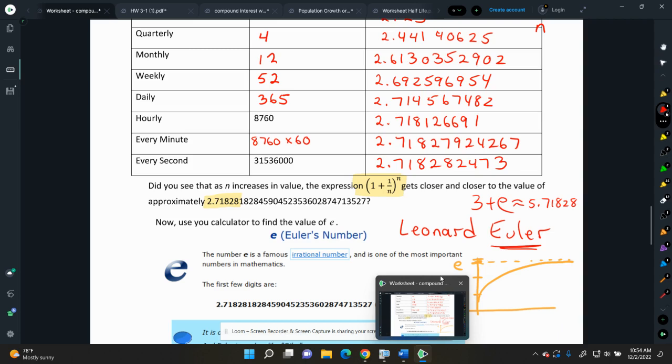So if I add 3 to it, I get 5.71828. But when we see 3 plus e, what's our instinct? We can't add 3 plus x. So we see 3 plus e and we think, oh no, can't do it. But you can, because e is a number.